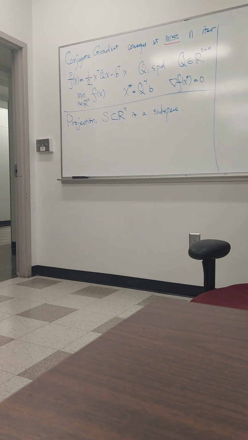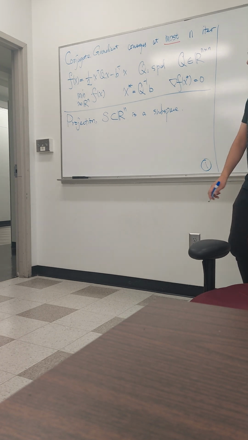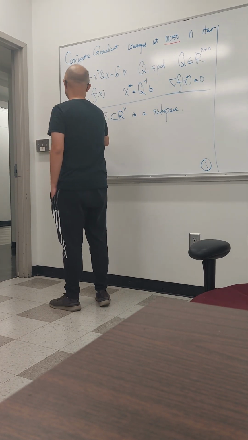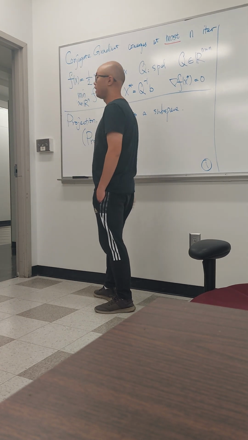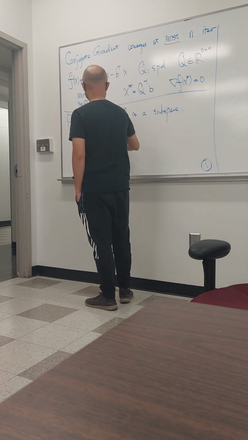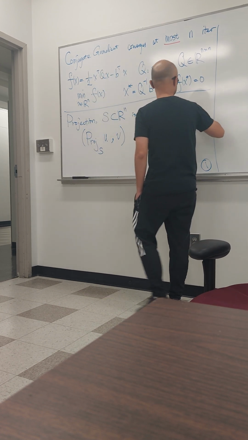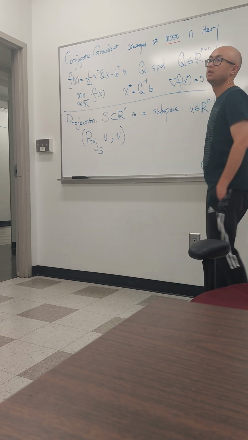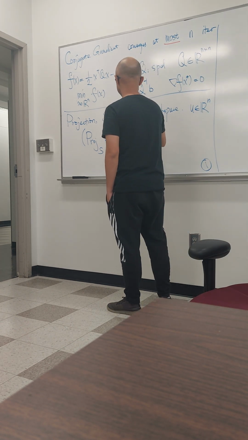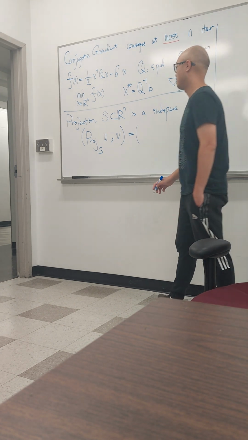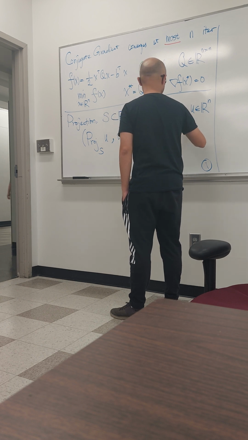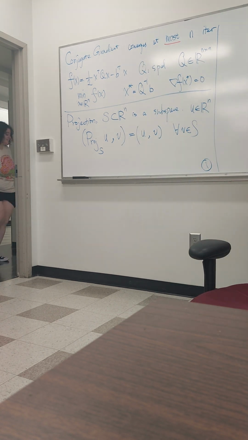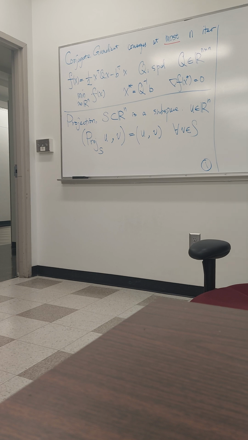So we define projection. First, S is a subspace. Then the projection of an arbitrary U, some element in Rn, onto the subspace S is defined in this way.